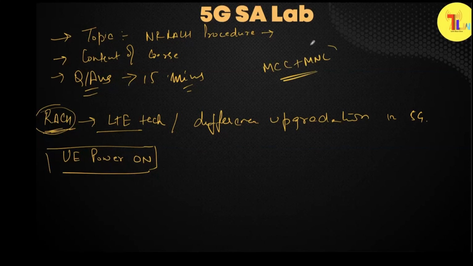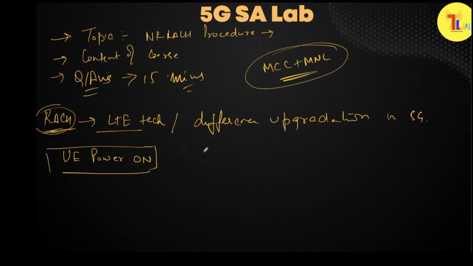Depending upon that, it will come to know which frequencies to scan, and it will choose some three best frequencies. Out of that, it will go with the one that is good for that particular UE.